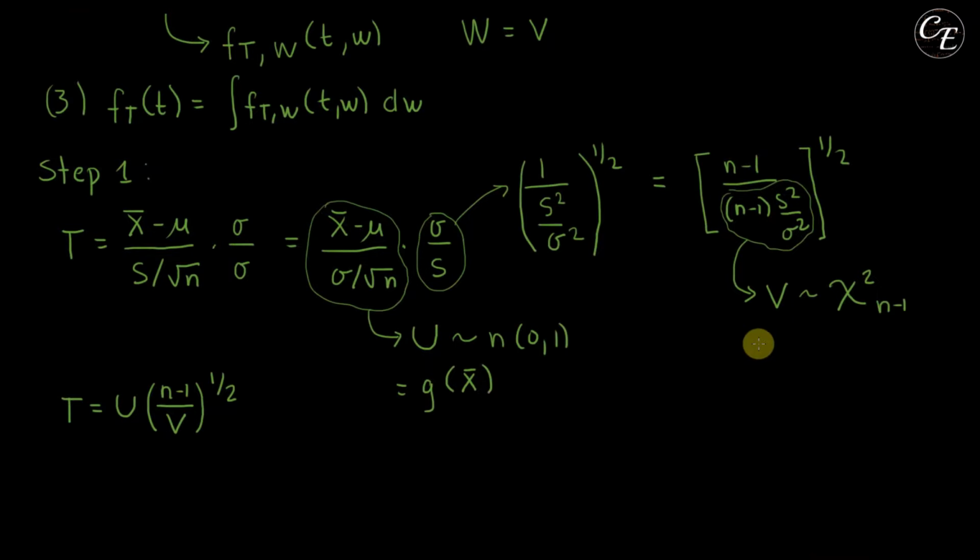And then for this v, since sigma and n are constants, it is a function of s squared, or the sample variance, only. Now this sample mean and sample variance are independent.